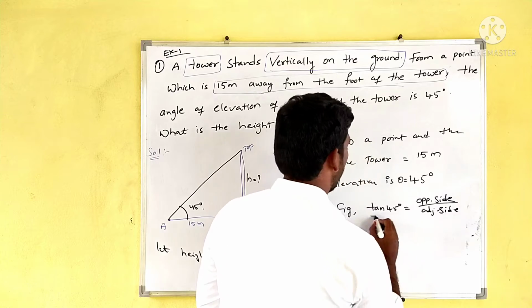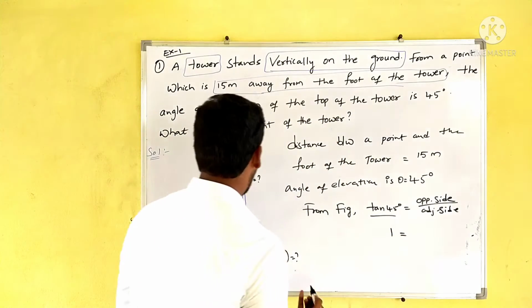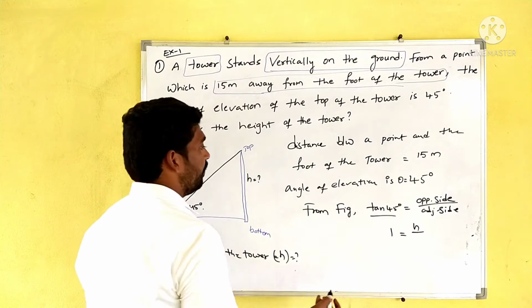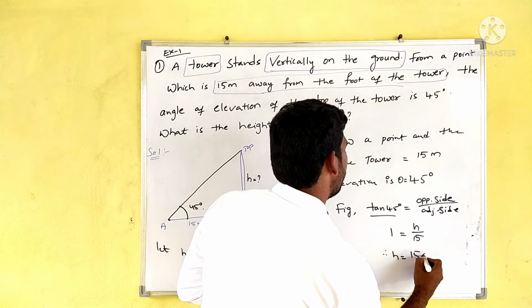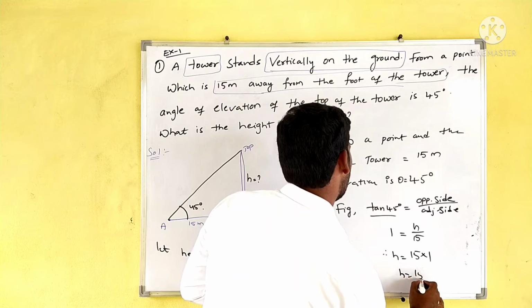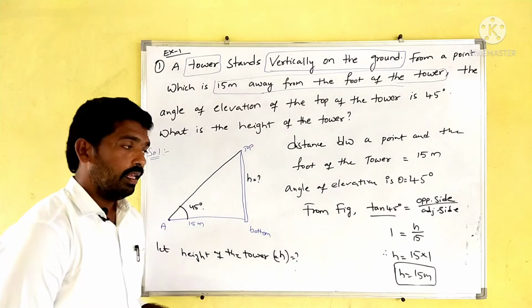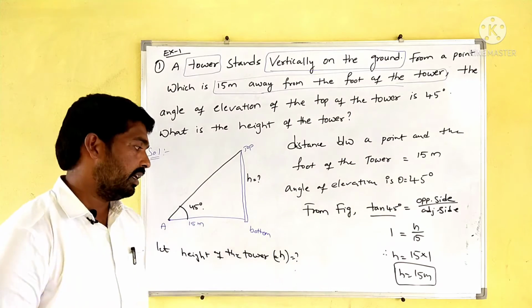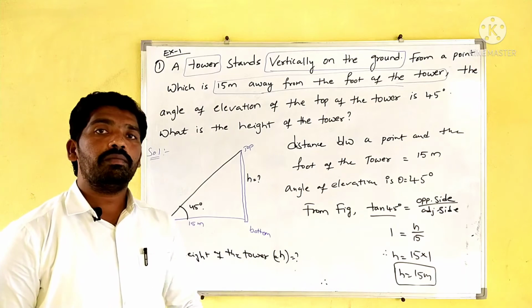Tan 45 equals 1 equals h divided by 15 meters. Therefore h equals 15 into 1, so h equals 15 meters. The height of the tower is 15 meters. Write down the conclusion.